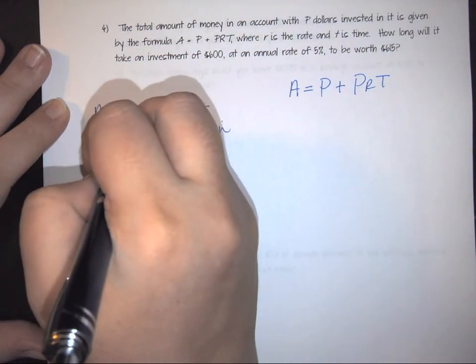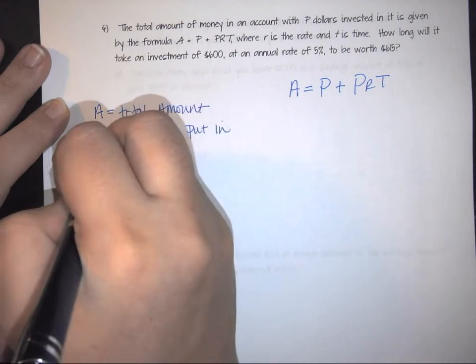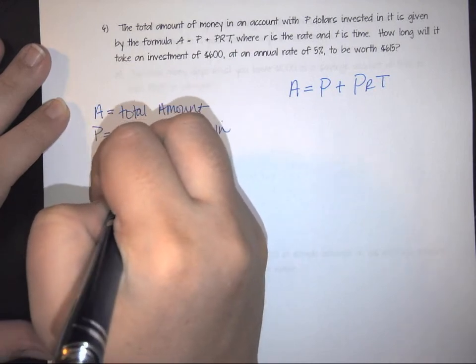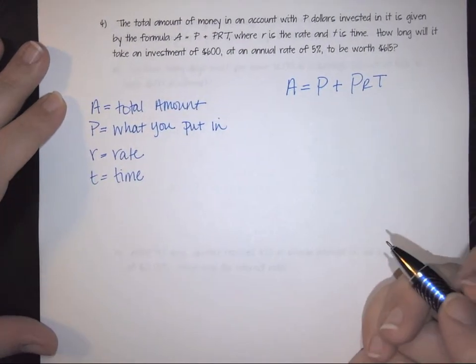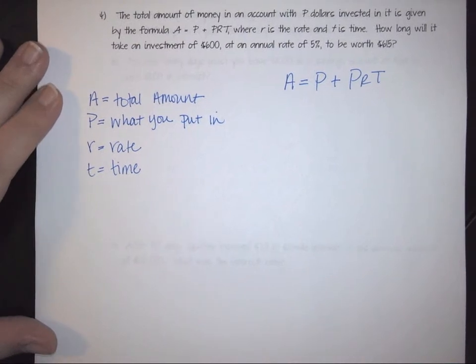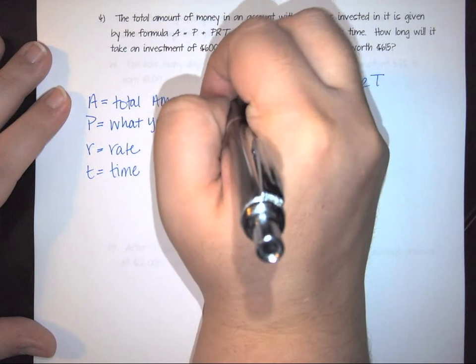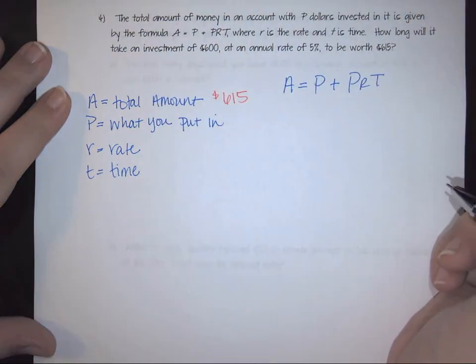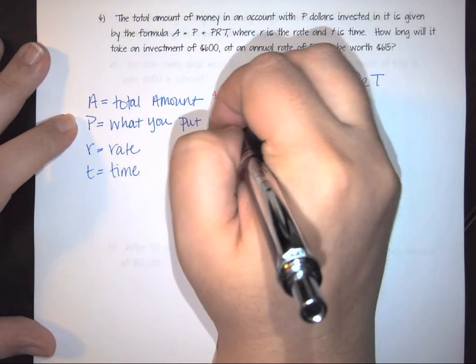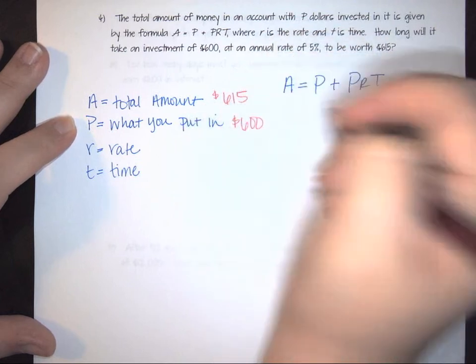R is obviously again your rate, and T is going to be your time. So here we have to look at what do we know. Well, we know the total amount is going to be what is it worth, so 615. What did we put in? Well, that's what we invested, 600.